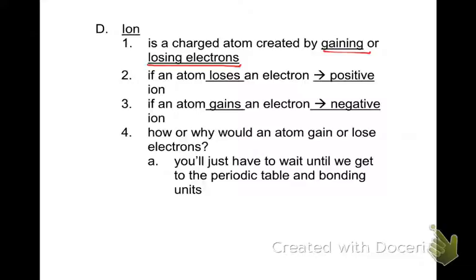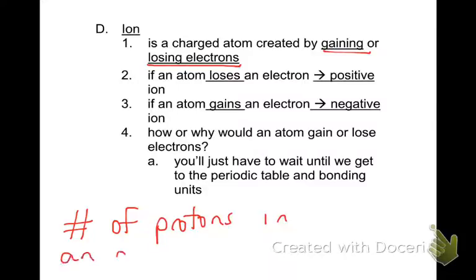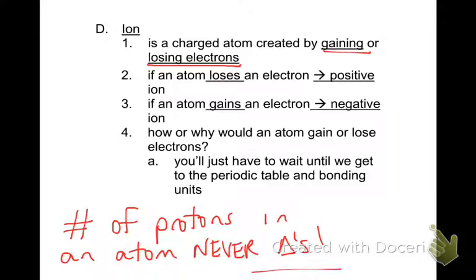So remember, the number of protons in an atom never changes. You'll see later on, I may or may not be lying here, but for now, the number of protons in an atom never changes. So, how is an ion created? It's created by gaining or losing electrons.